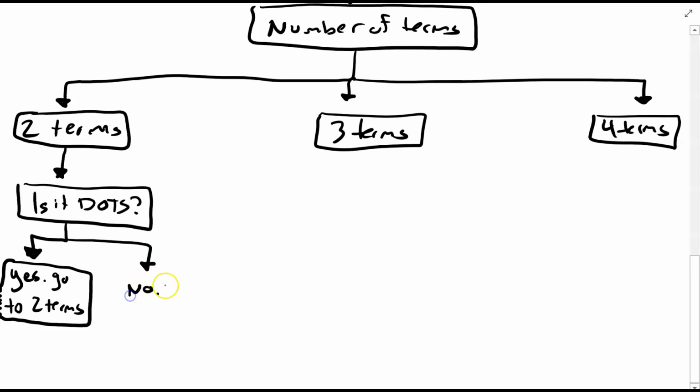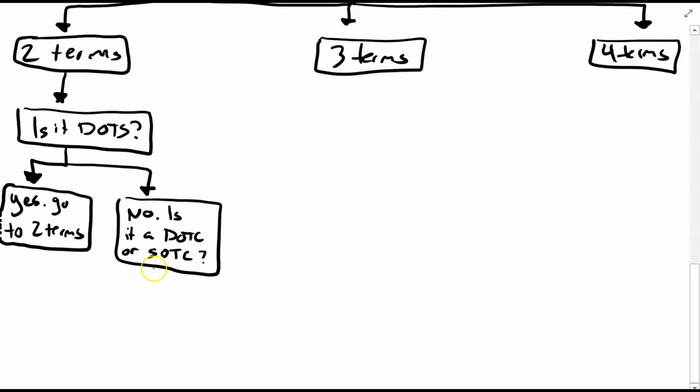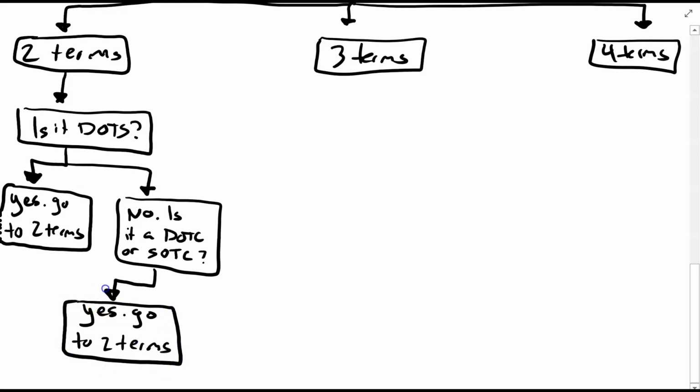If it wasn't a difference of two squares, then we had to check to see if it was a difference of two cubes or a sum of two cubes. If it is, we factored it using that pattern, and then we went back down that two-term branch again. And if it wasn't, then we were finished.